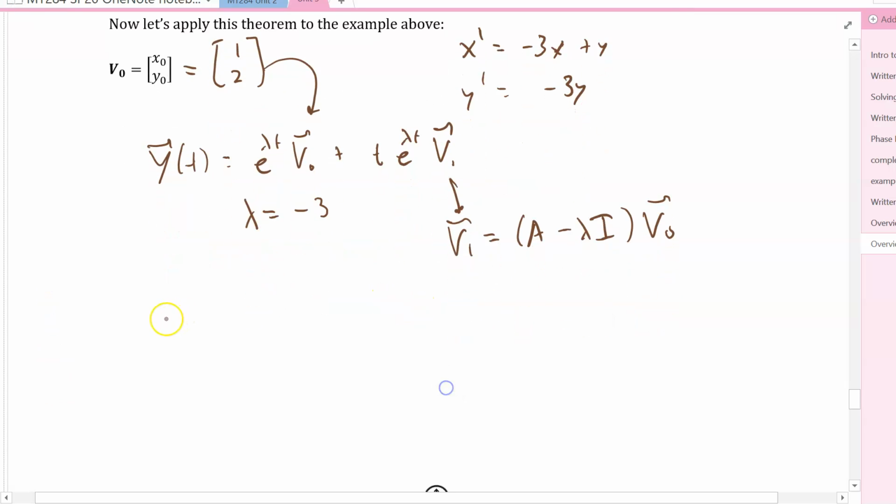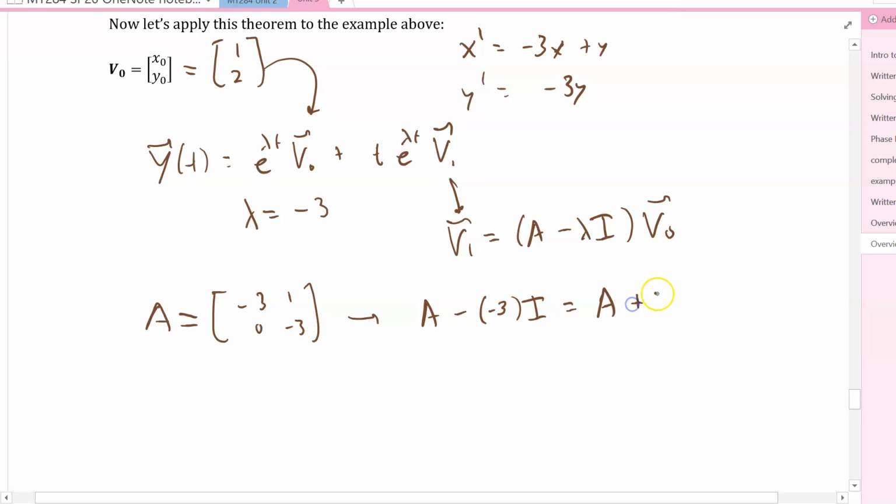Now, let's write out that matrix. All right, so our matrix of coefficients A was negative 3, 1, 0, negative 3. So when we go to do A minus lambda times the identity, it's going to be minus negative 3 times the identity, which is going to be a plus, therefore, 3 times the identity matrix.